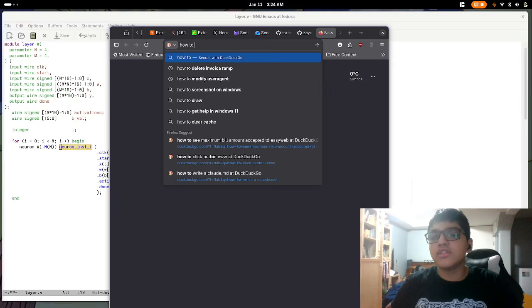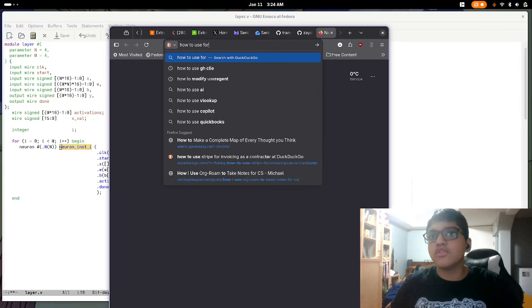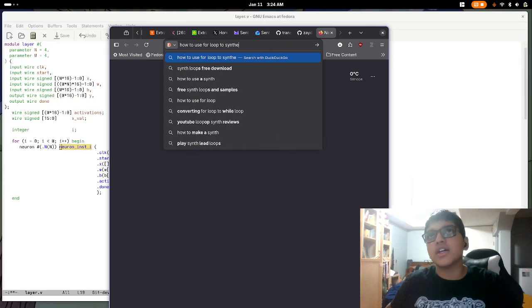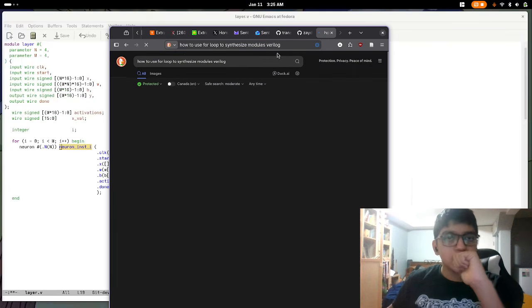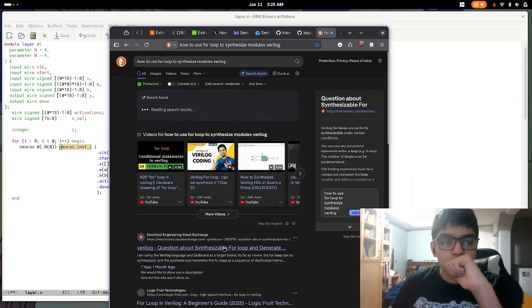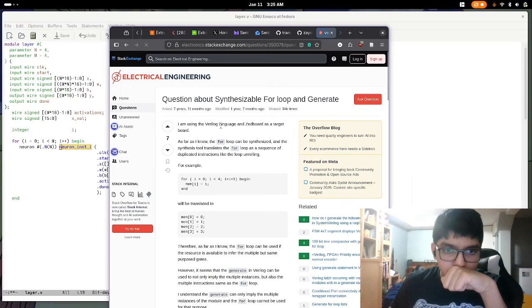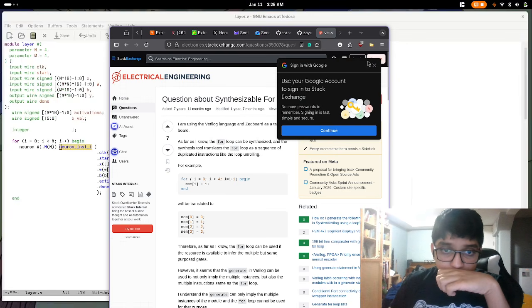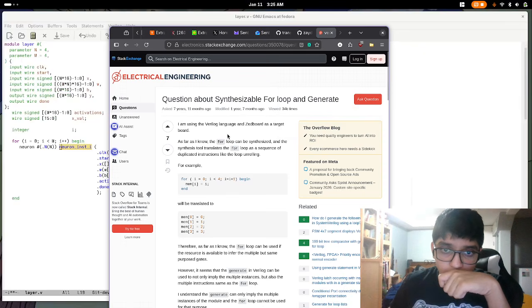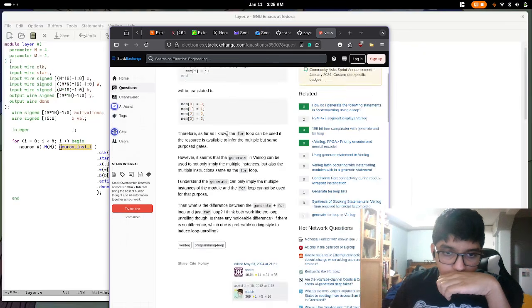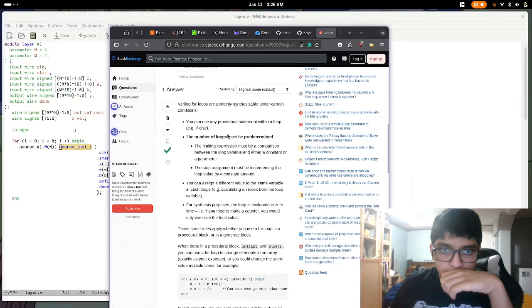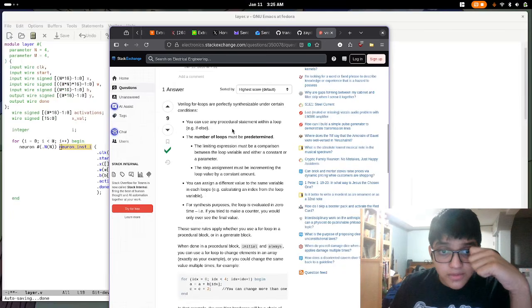Here, let me, how to use for loop to synthesize modules Verilog.